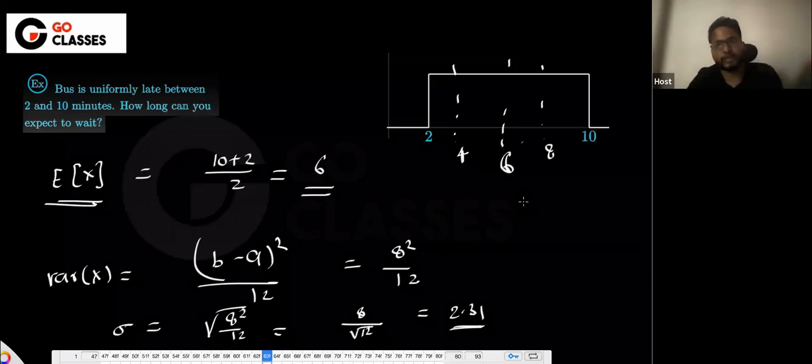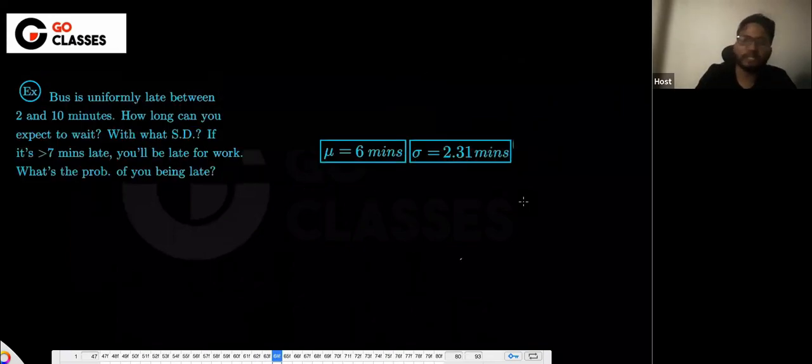It will fluctuate. Sometimes it will come out to be 4, sometimes 8. A standard deviation just tells us how much you are deviating from the mean. These are some graphical things; if you know them it is okay, otherwise GATE will not ask it.